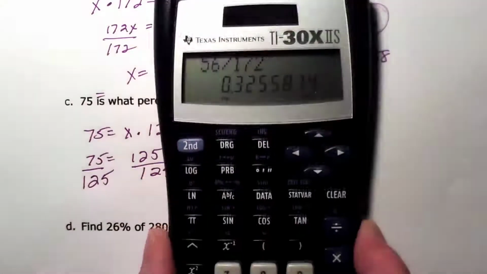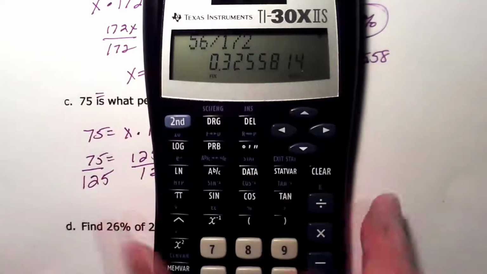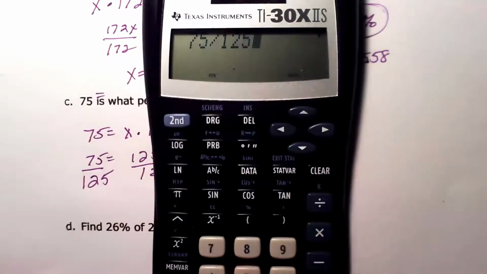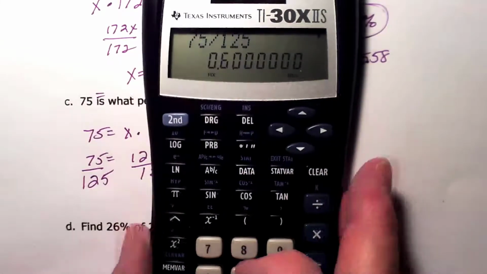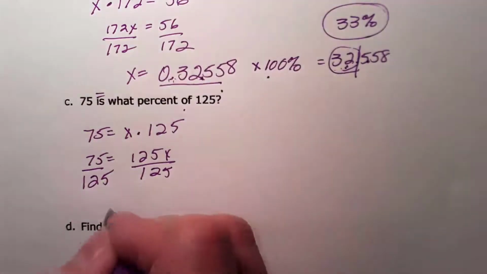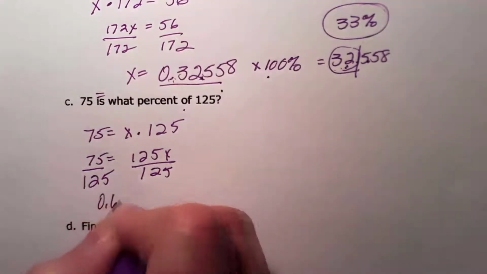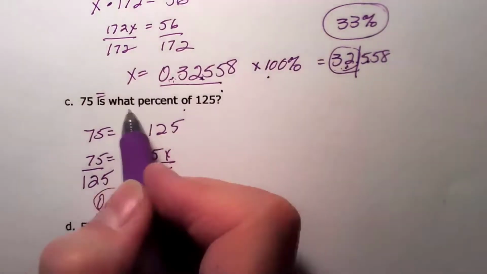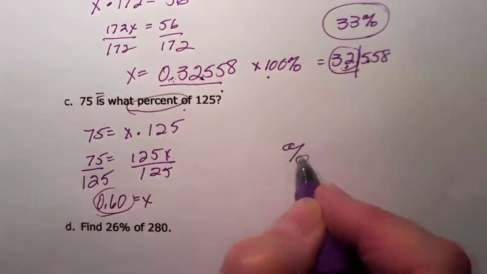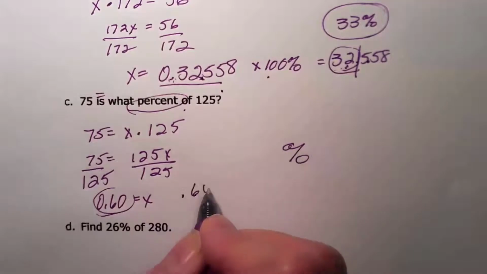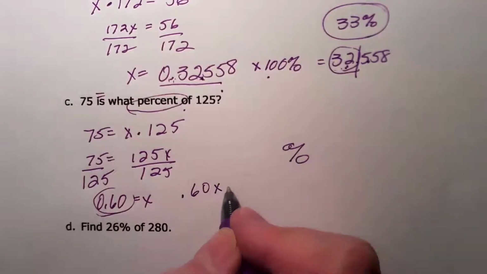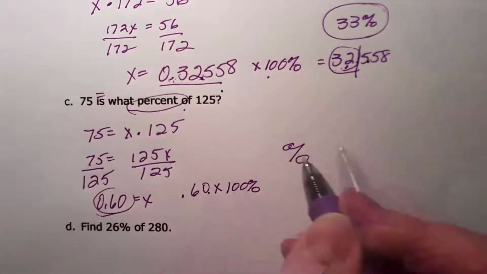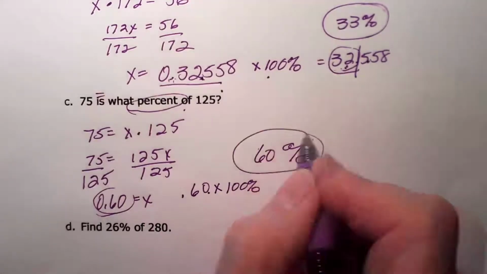And if I take 75 and divide by 125, I get 0.60. Again, this is the decimal form. When I want a percent, I want the percent form. So I'm going to take 0.6 or 0.60 either way and multiply it by 100%, which moves the decimal point 2 places to the right. So I end up with 60%.